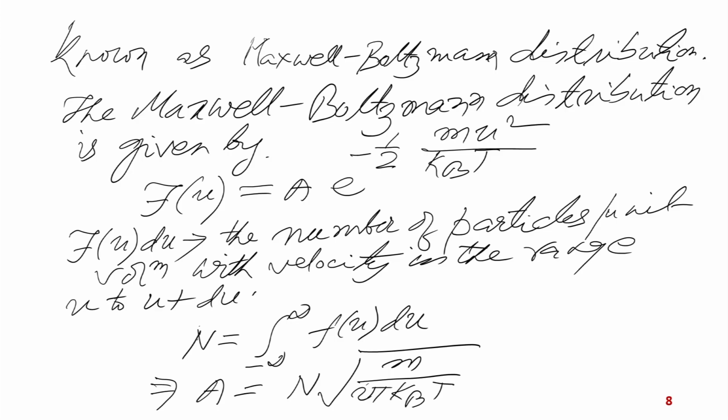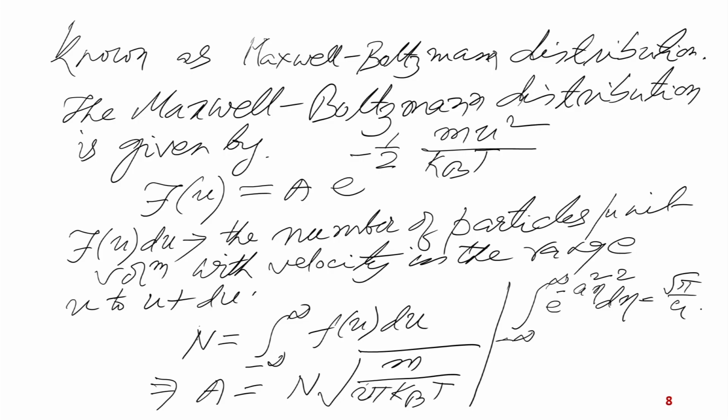Here, the standard integral has been used: the integral from minus infinity to plus infinity of e to the power minus a eta square d eta is equal to root pi by a.